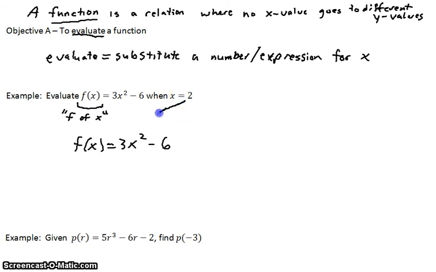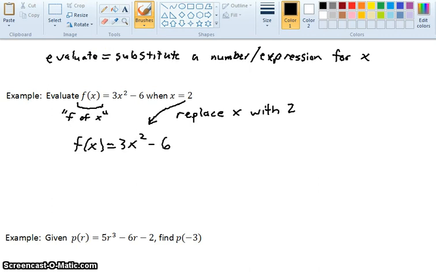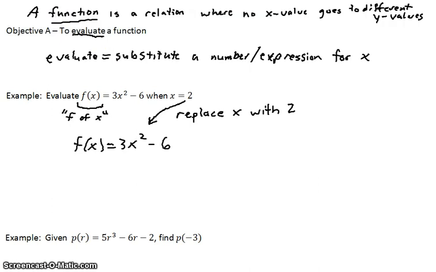So wherever I see x, I'm going to replace x with 2. So wherever I see this x, it doesn't matter if I see it once, if I see it 3 times, if I see it 10 times. So here I see an x, and here I see an x. So I'm going to replace that x wherever I see it with 2.